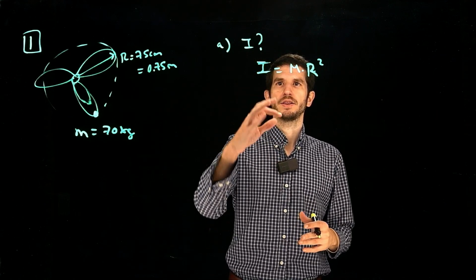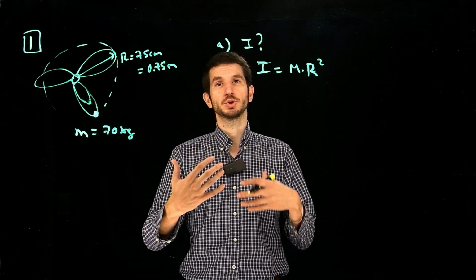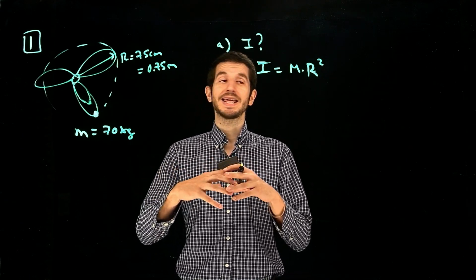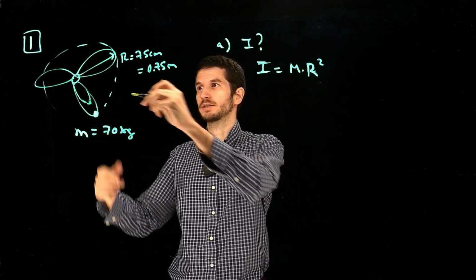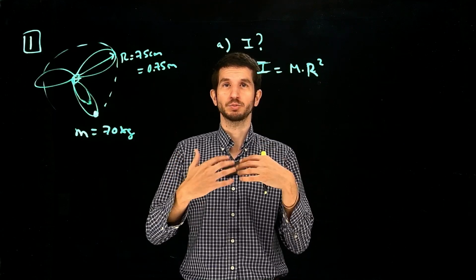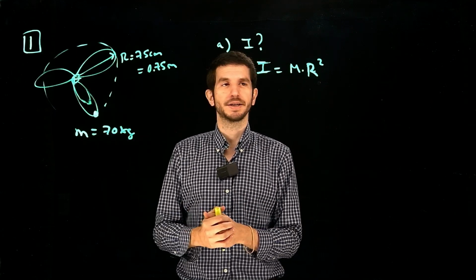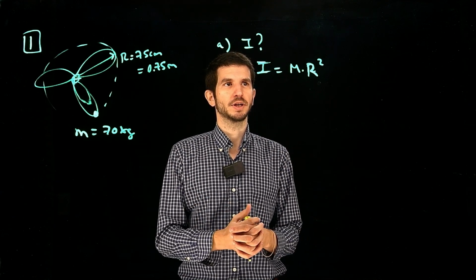Unless otherwise told, you can assume this is the moment of inertia, because qualitatively, it's going to give you a good idea. The rotational inertia, meaning the opposition to the change in the rotational motion, increases the farther away you are from the axis of rotation, which in the case of the propeller is just the center, and of course it is proportional to the mass. This is the same as in linear motion, right? That's a property inherent to the object in question.